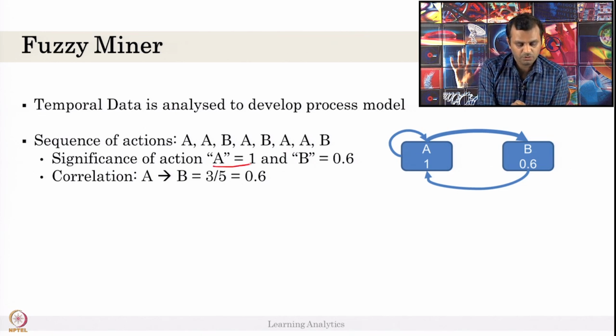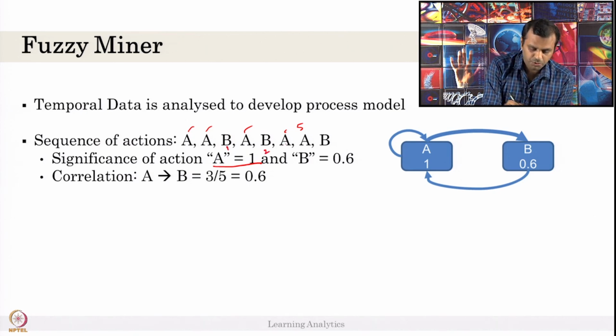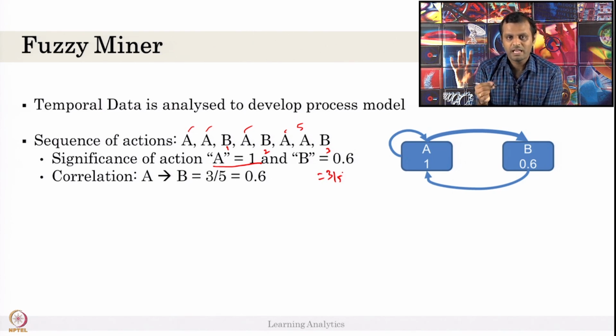So, A is equal to 1 because A occurred 1, 2, 3, 4, 5 times, and B occurred 1, 2 and 3 times, which means B occurred 3 by 5. The significance of action B or the node B is 0.6 in this particular sequence relative to the most significant action, that is A, that is equal to 1, right. So, 0.6.